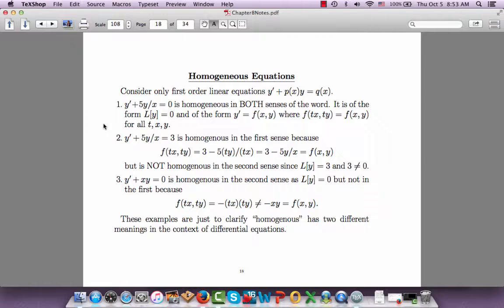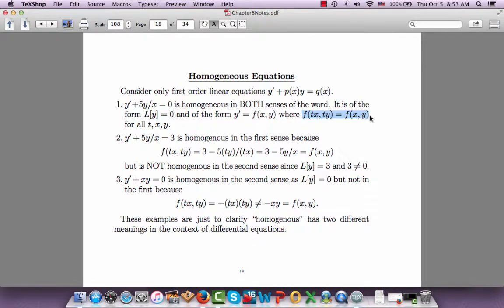Let's look at three examples which basically show us that these two concepts are actually different. If we look at this first equation here, we can rewrite it, if we wanted to, as y prime equals negative 5y over x. That satisfies the first definition of homogeneity. In other words, if we let f of x,y be negative 5y over x, then this will be true.